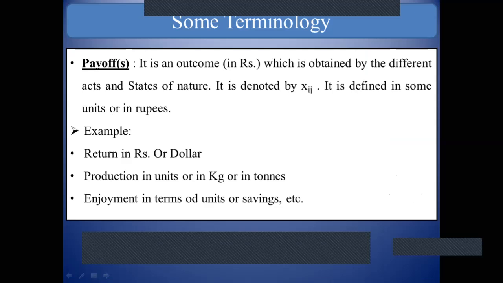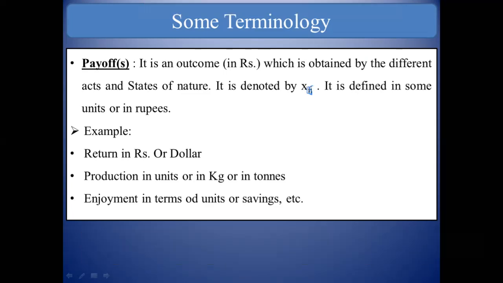It is denoted by X_ij, where i denotes act, earlier we have seen that, and j denotes states of nature.